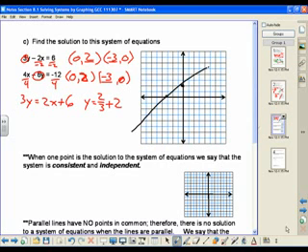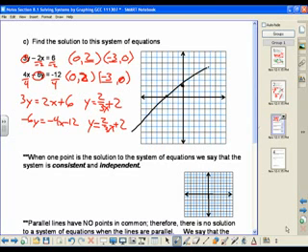Second one, -6y equals -4x minus 12. When I divide both sides by -6, I get positive 2/3 x, and -12 divided by -6 is positive 2, so it's plus 2. They are not parallel lines.